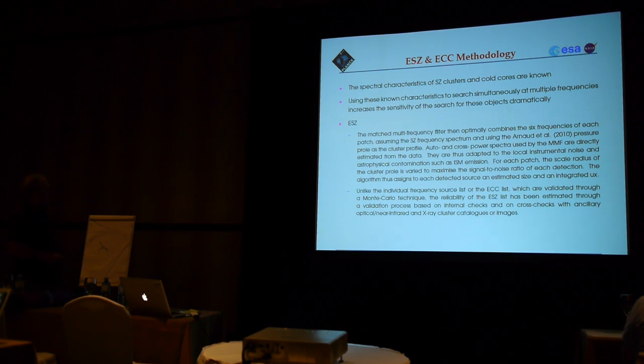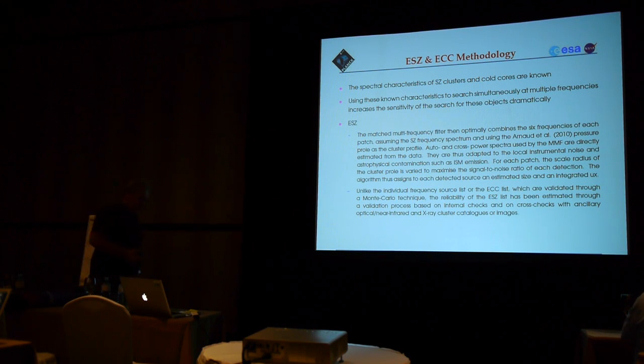A little joint bracket on methodology for these two early catalogs, Sunyaev-Zeldovich and cold cores, although they're very different objects. The joining thing is that spectral characteristics are known, and that helps tremendously in detecting or doing some science with the sky maps, even without detection. So for Sunyaev-Zeldovich, it's a little tedious to go through this.